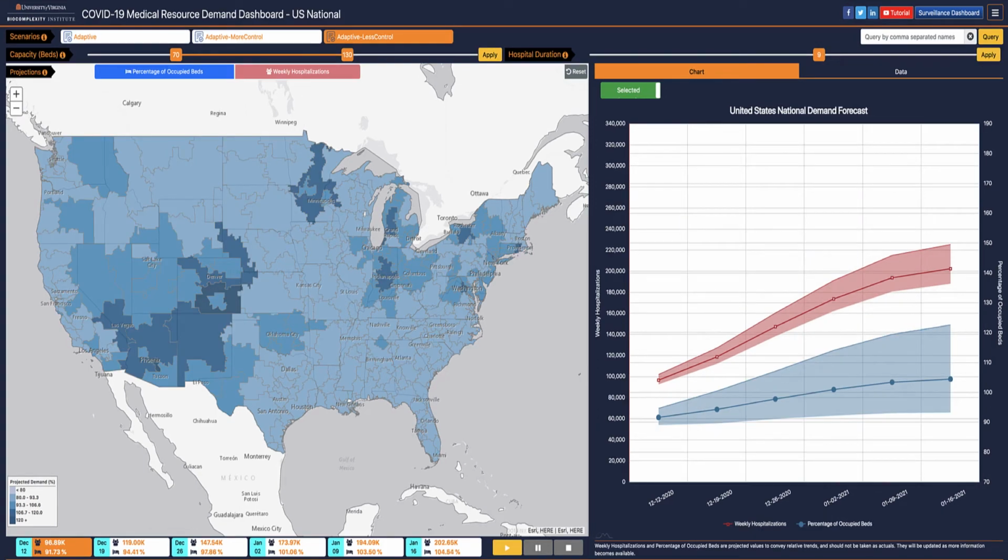The chart allows you to see how weekly hospitalizations are projected to change over the upcoming 6 weeks, and as a result, how the percentage of occupied beds is likely to change. In addition to the projected weekly hospitalizations, the percentage of occupied beds is influenced by the duration of the hospital stay.